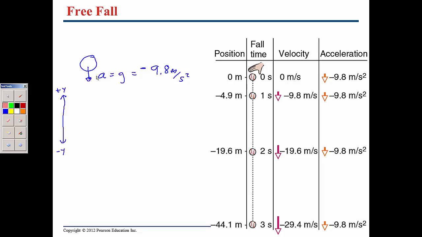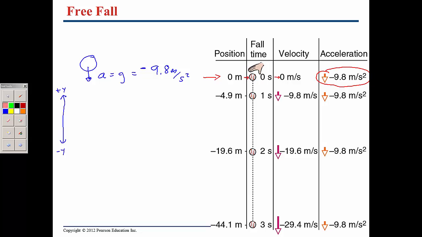All the negative means is, it doesn't mean it's decelerating, it means that it's accelerating in the downwards direction. So our initial position would be 0 at 0 seconds. It's not moving, you haven't released it yet, but the object is experiencing some acceleration.